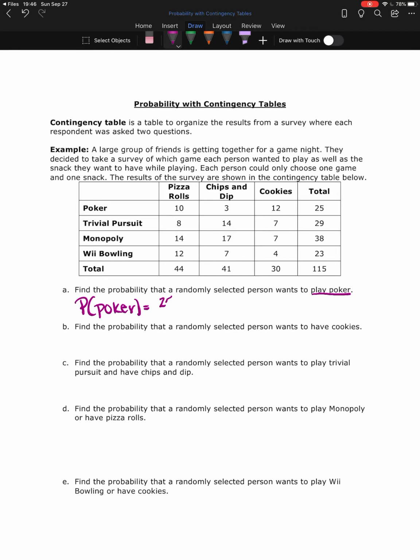There are 25 people that want to play poker, divided by the total number of people in this survey, which is always going to be the bottom right number if you have total columns. So there are 115 respondents in this survey. Always make sure we give our probabilities as decimals, rounded to 4 decimal places. So this is 0.2174.